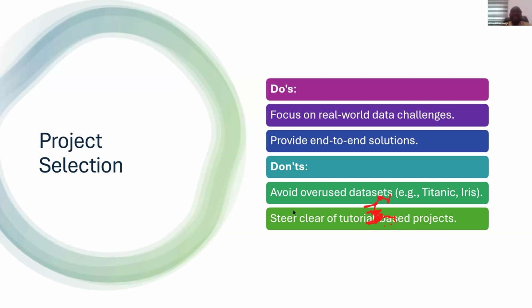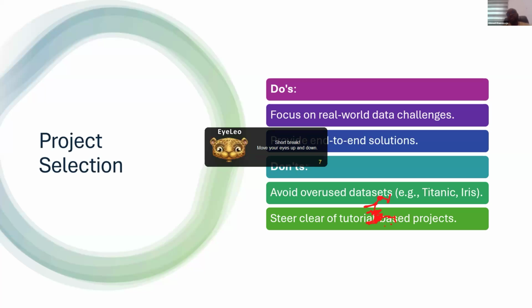It's not because Bernard has said it, but over the years, we have discovered that the best way to prove that you are doing something is to use real-world data challenges, real-world data sets, real-world problems that we can relate to.